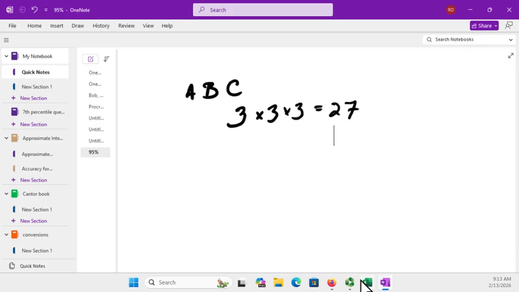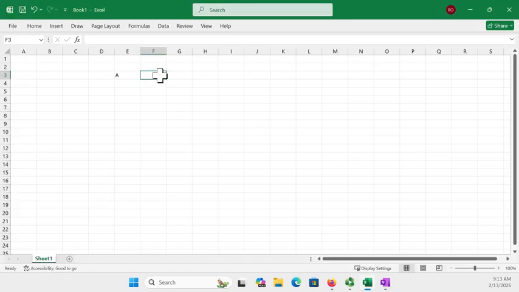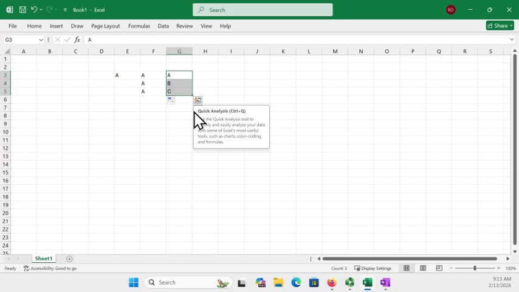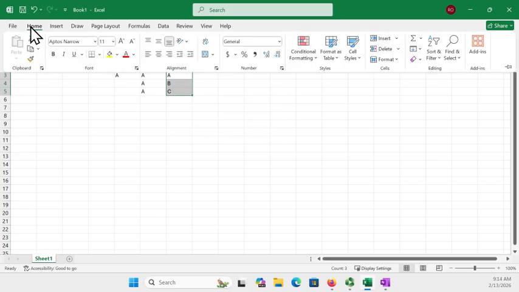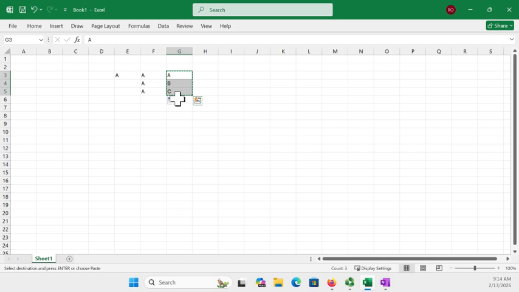To do these easily, go to that third column and put in an A, B, and a C. Then copy down for that A. Then we need to copy the A, B, and C and paste it.